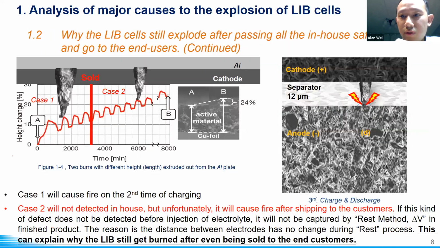You can see if there's a melt hole, it's not separated, so the burrs will reach the anode side directly with no protection. So it's really dangerous. That's why we call it a potentially dangerous product. And this kind of product cannot be detected by the regular IR test, even if you increase the test voltage.